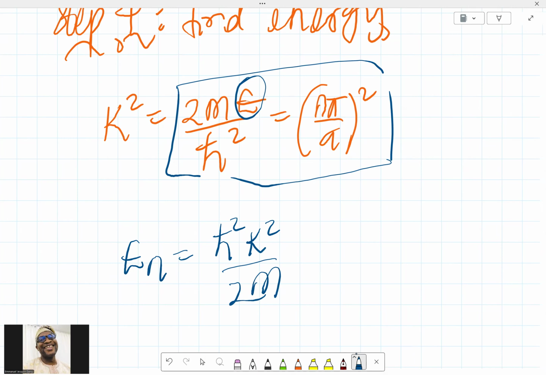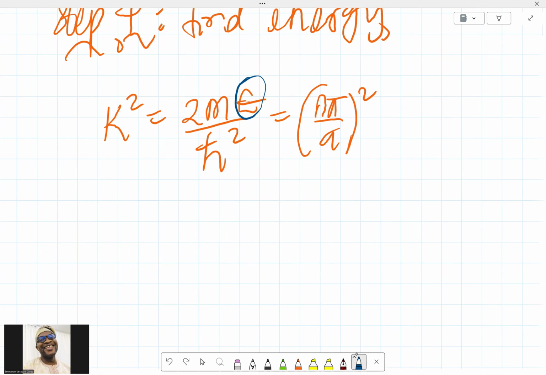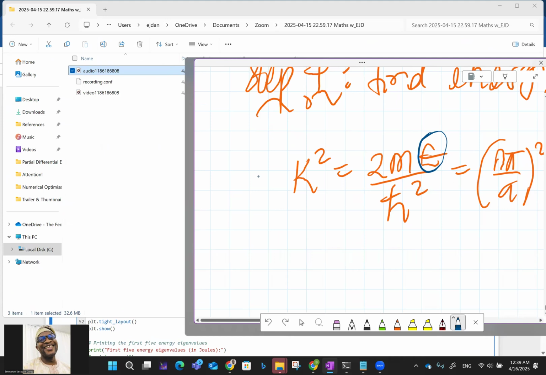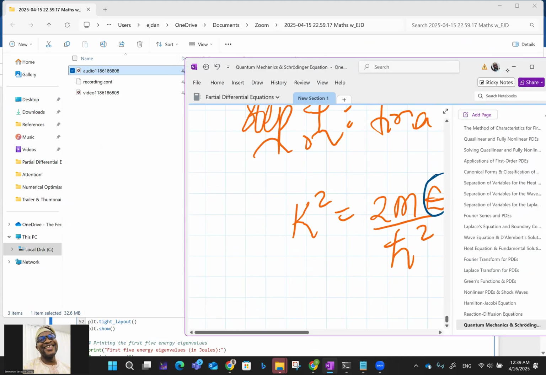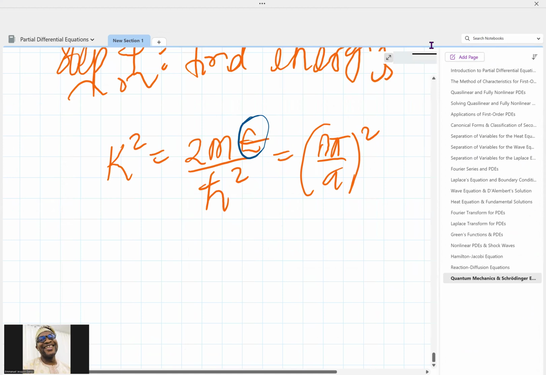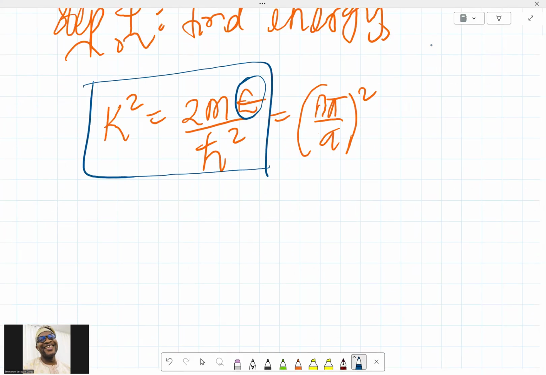For now, we are taking these two together. But now we are taking these two together for this next step. So we have En equals h bar squared k squared all over 2m. Okay, let me write it this way.